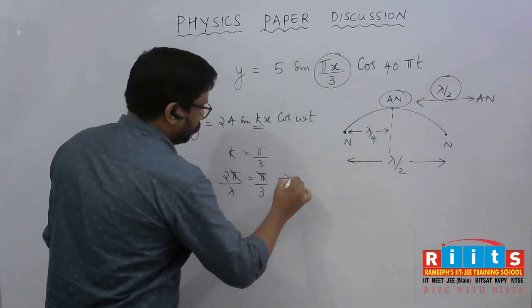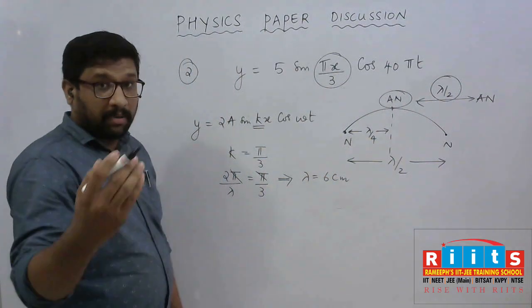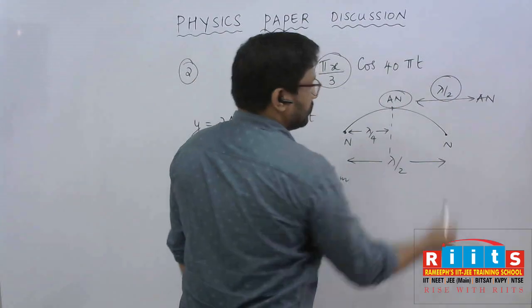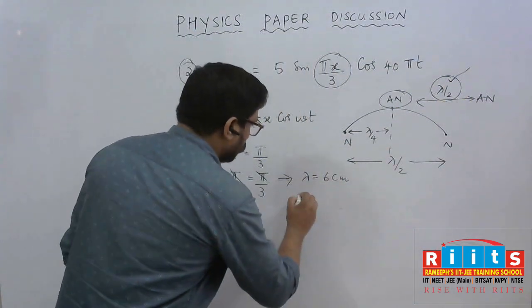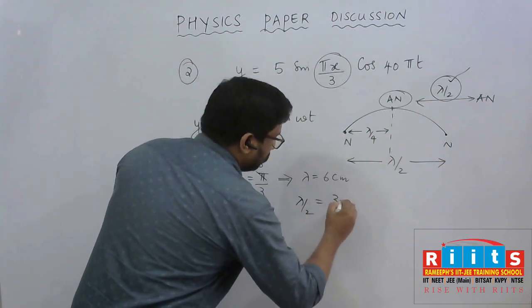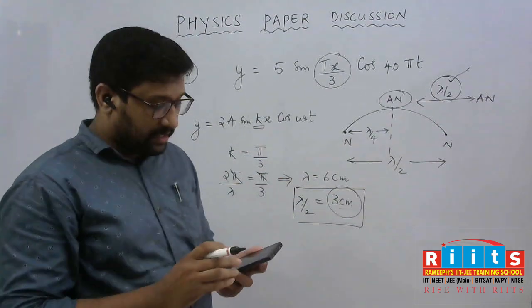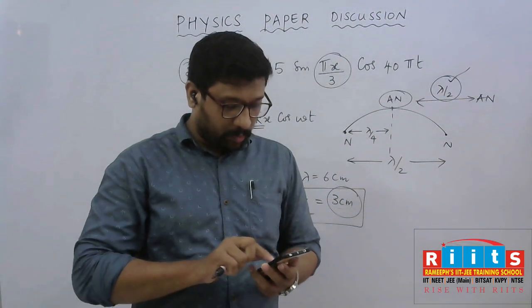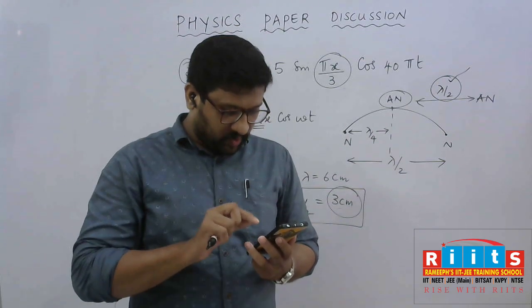By solving, you get lambda as 6 centimeter. But the distance between antinodes is our question, so lambda by 2 will be 3 centimeter. So our correct answer is 3 centimeter, which is option C.